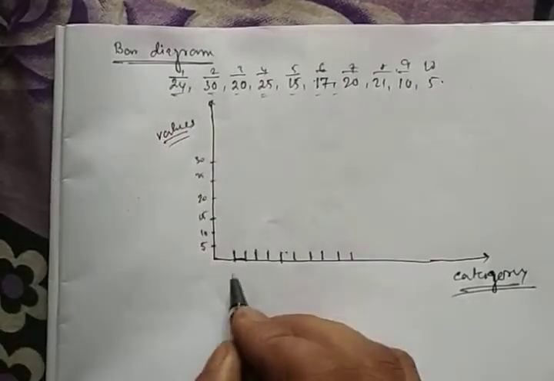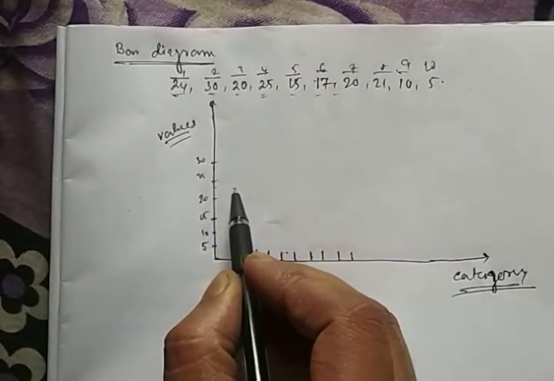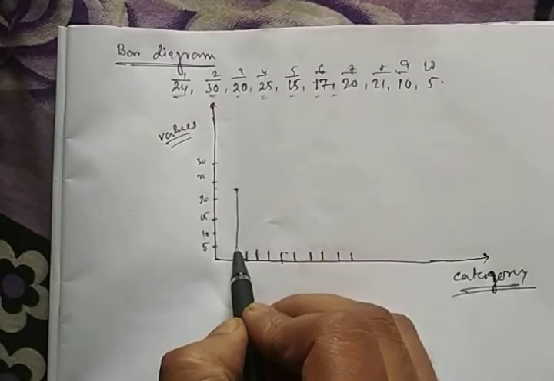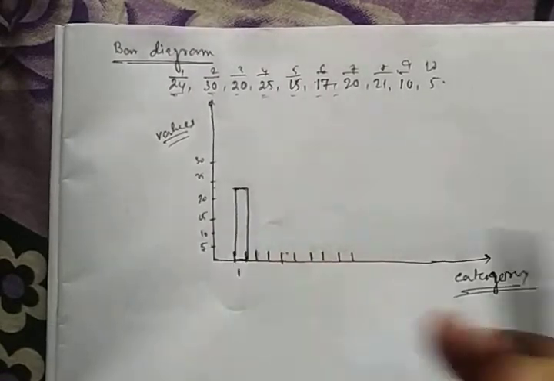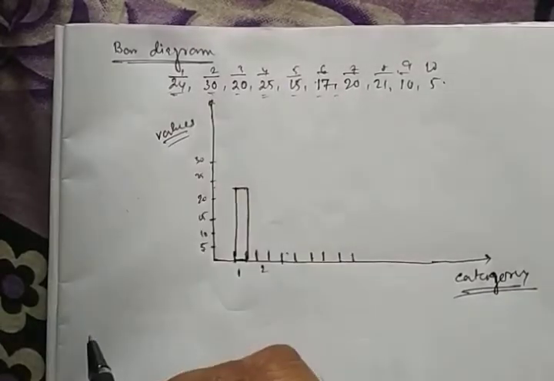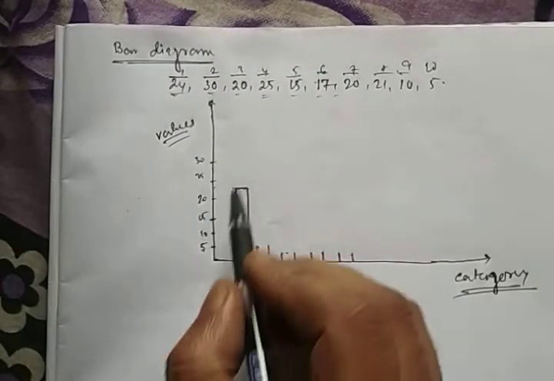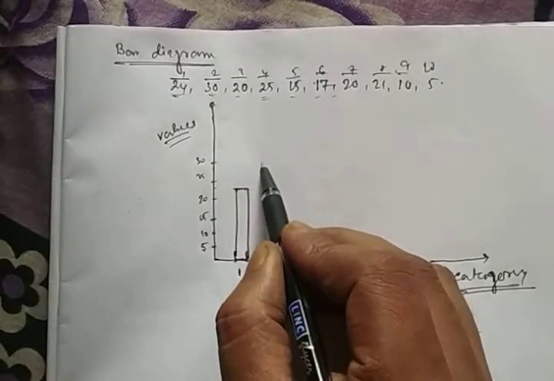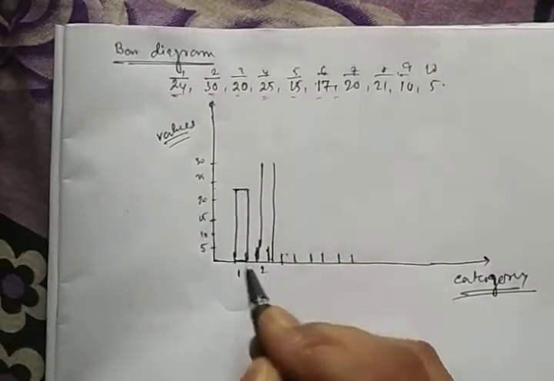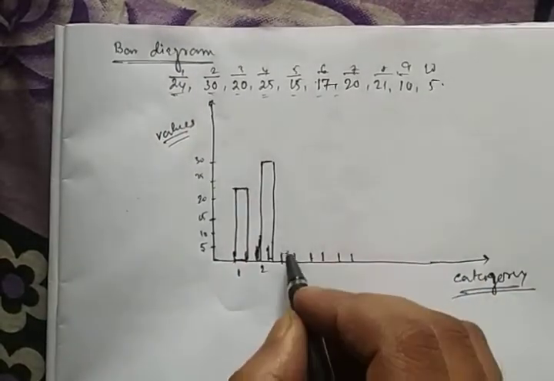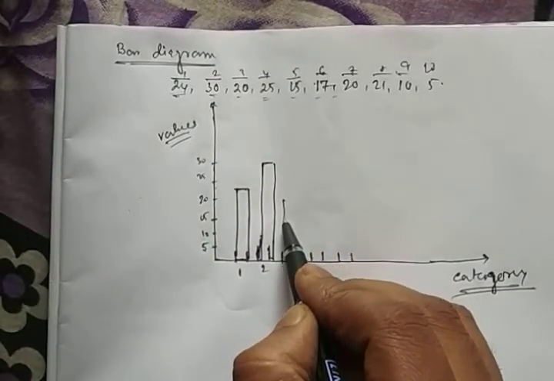Now, the first observation, category 1, has the value 24, so the height of this rectangle will be up to 24. The second category has value 30, so the second rectangle corresponding to category 2 will have the height up to this point. The third category has 20, so the height of this rectangle will be up to this part.